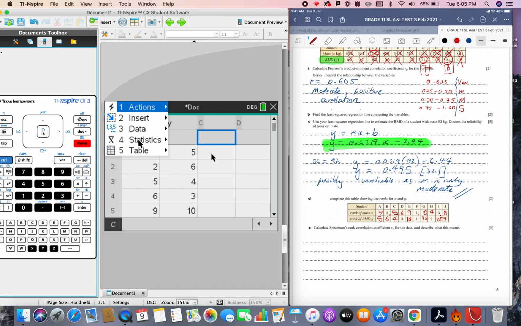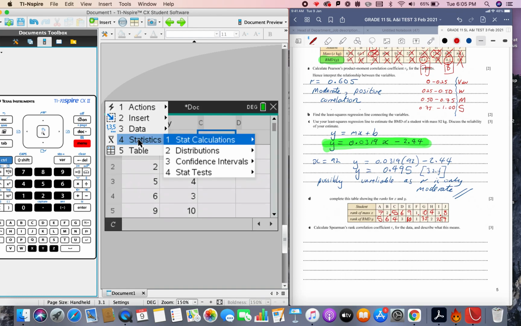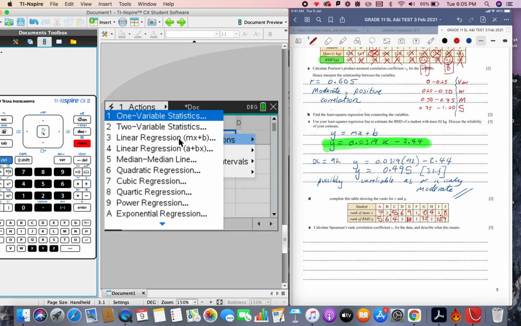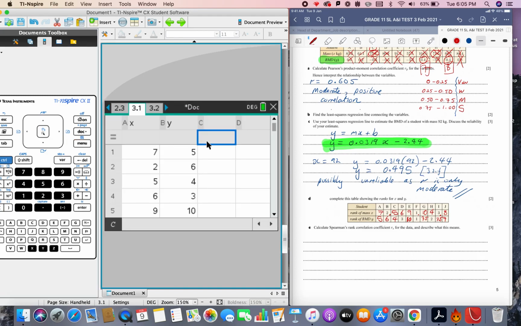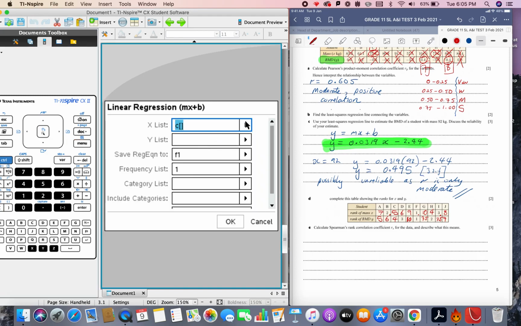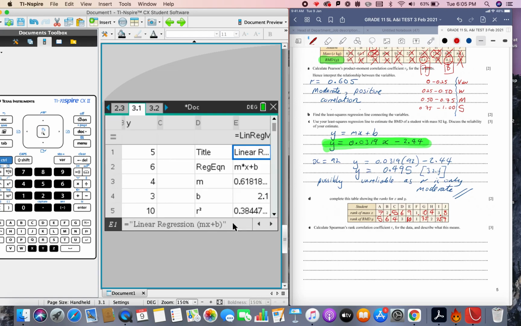So menu, statistics, stat calculation, and we'll do a linear regression again, option number 3, and again we just choose the X values here because that's the only variable, and here's the Y value here. Off we go, and let's scroll down.